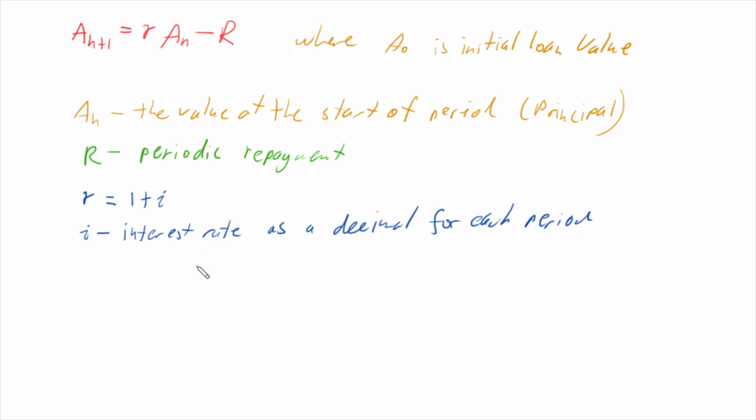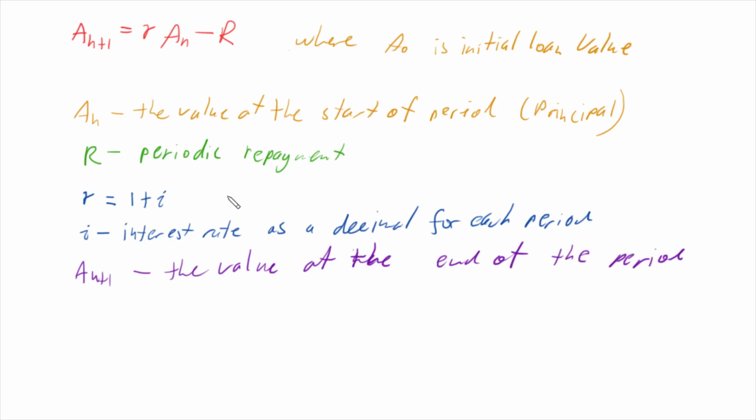And a n plus 1 is the value at the end of the period. So the value after interest has been added and the repayment's been subtracted off, how much is the value at the end of that period? And that becomes the value at the start of the next period. And it just keeps going around and around like that.